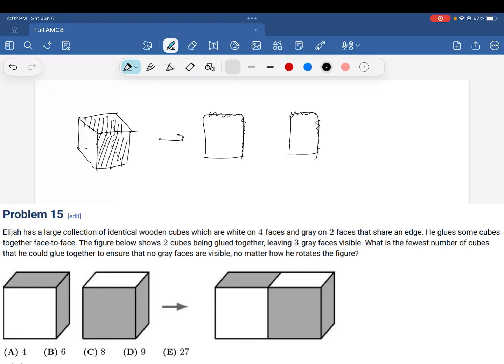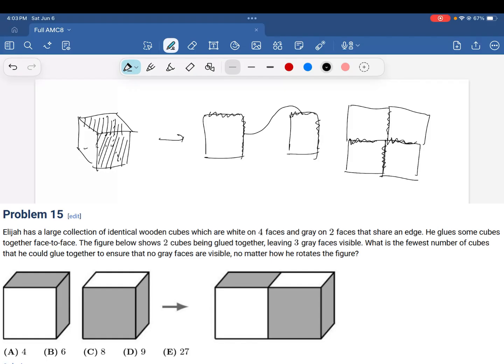And one intuitive way is to put these gray sides together. So what we can do is put these together like so. So now we have two gray faces here and these two gray faces together. And now we can just mirror this, flip this on the other side to get these two squares with gray faces like this.